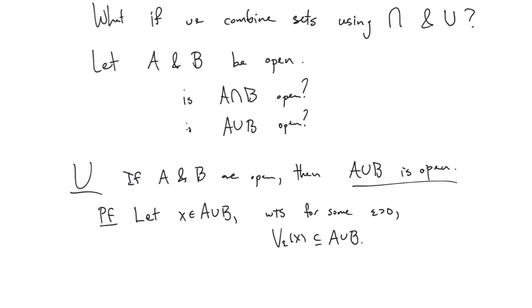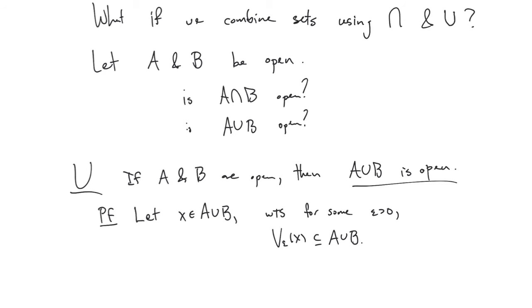This is what it means to show that A union B is open. You choose some point, you have to show that there's some neighborhood of that point which is a subset of the set you are trying to show is open, all right? A union B is like the set O, okay?